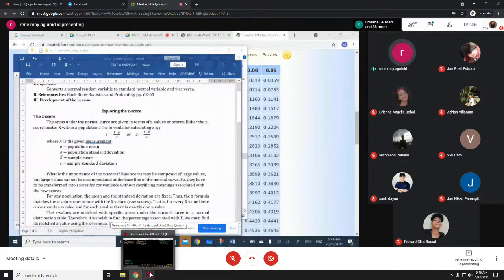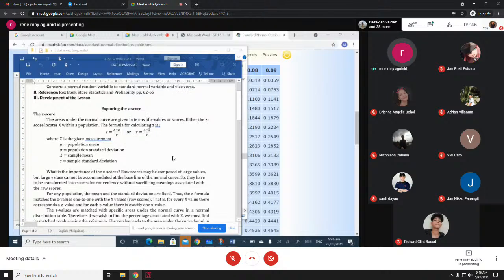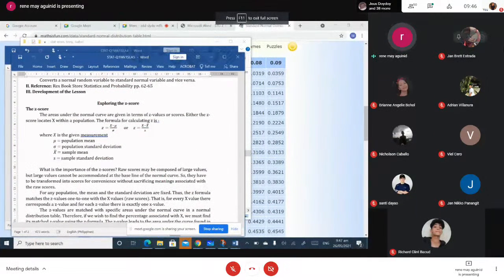So if we talk about the normal to standard, ano siya na atong z-score, z is equal to x bar minus mu over the standard deviation. Depende na siya sa score, x minus mu over standard deviation, or z is x minus x bar, that is the sample mean, over s, that is the sample standard deviation.